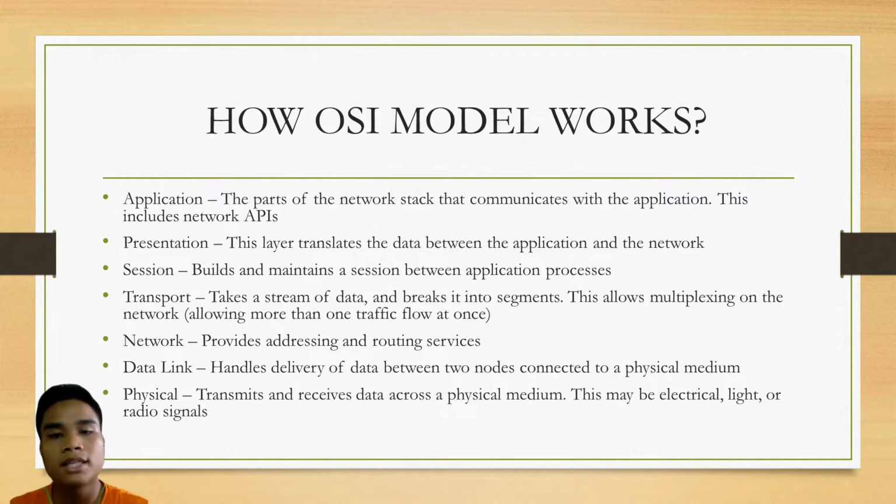This allows multiplexing on the network, allowing more than one traffic flow at once. The network layer provides addressing and routing service. The data link layer handles delivery of data between two nodes connected to a physical medium. And lastly, the physical layer transmits and receives data across a physical medium. This may be electrical, light, or radio signal.